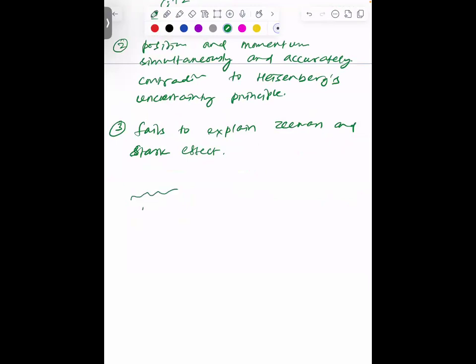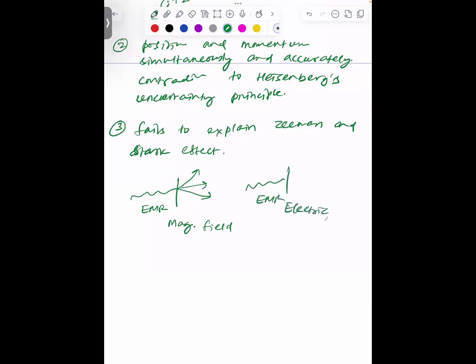If we take any electromagnetic radiation and pass it through a magnetic field, it will be split into lines. Similarly, if any electromagnetic radiation is passed through an electric field, it is split into lines. This splitting of lines in a magnetic field is known as the Zeeman effect, and in an electric field it is known as the Stark effect.